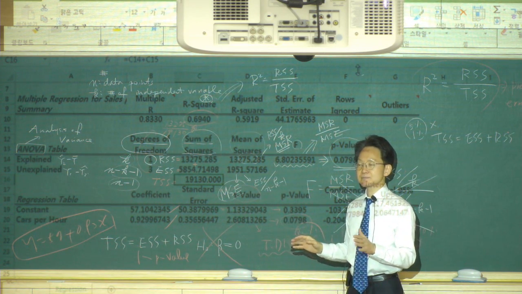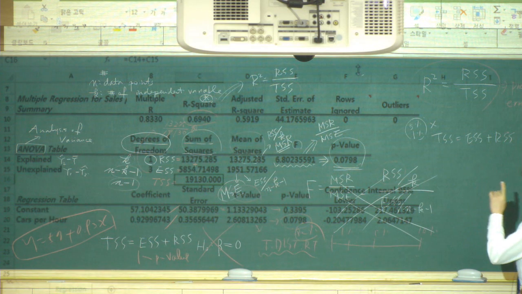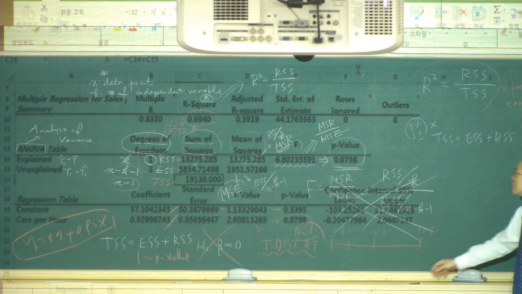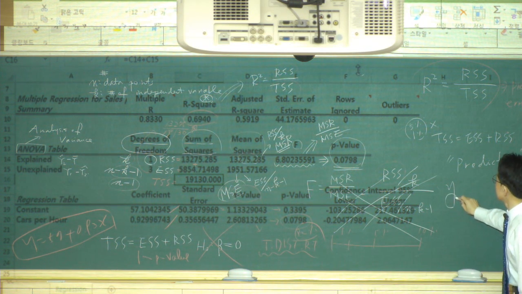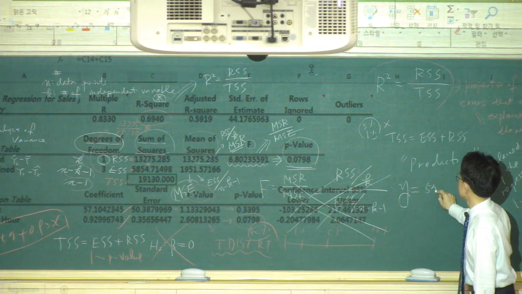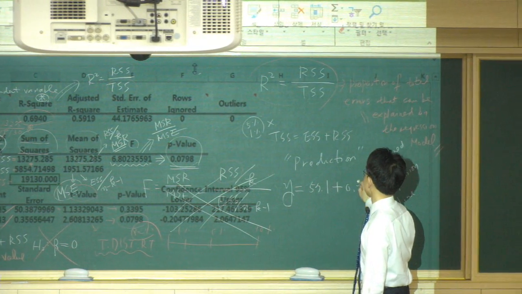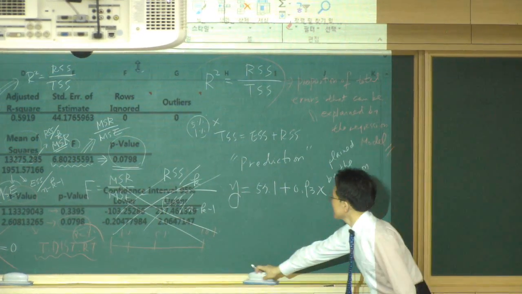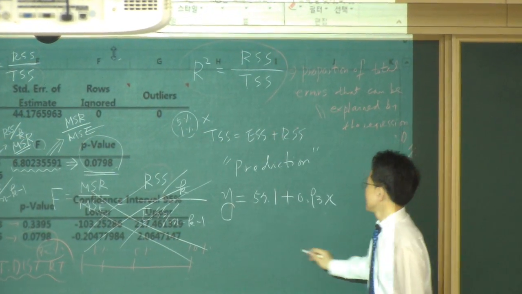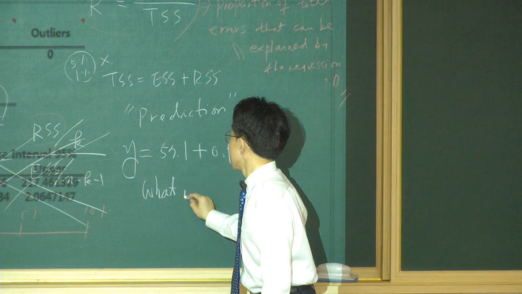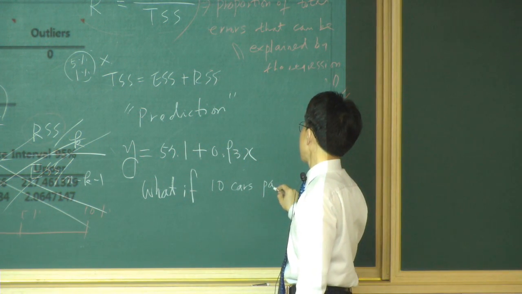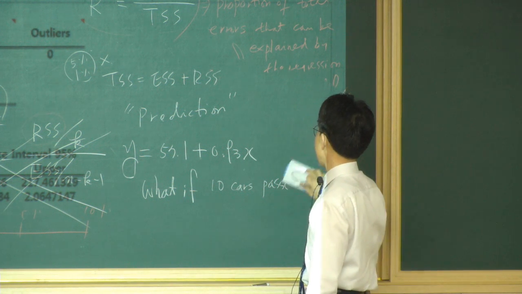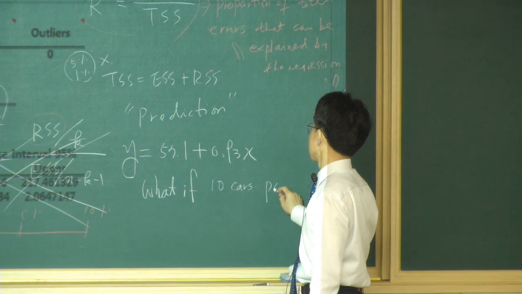And that's it. And then the next step is your prediction, how you can predict. In other words, our regression line is y equals 57.1 plus 0.93x. Okay? Then let's say, what if there are 10 cars passing by, 10 cars pass every hour?